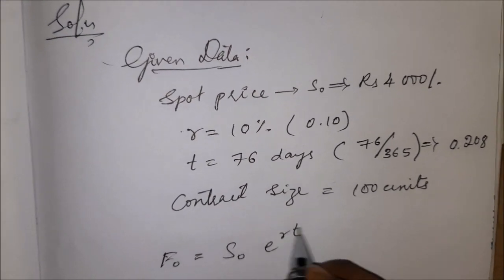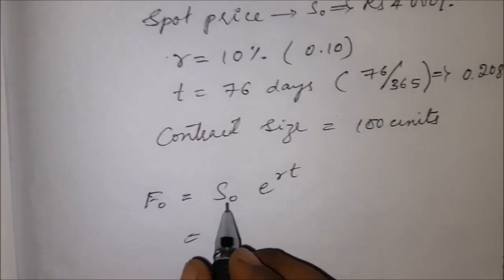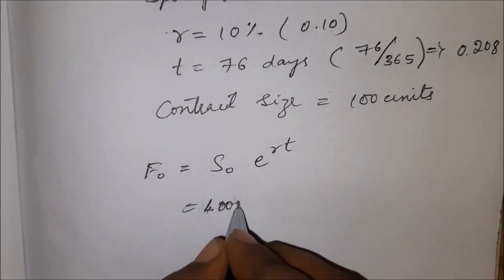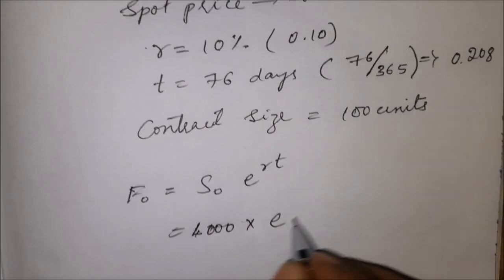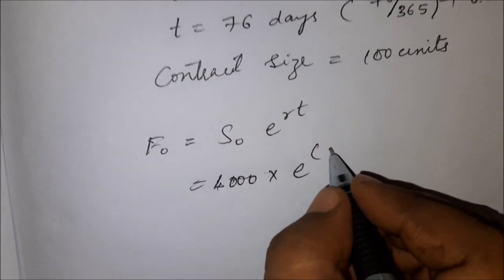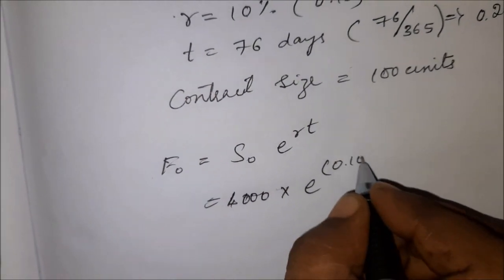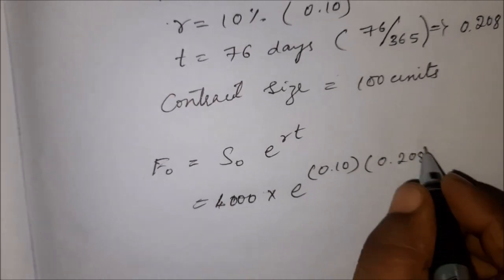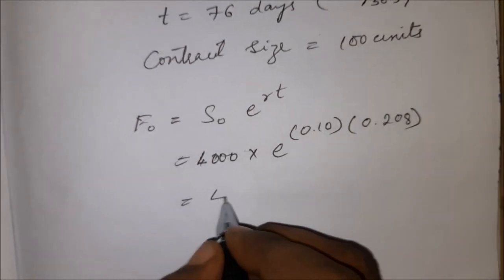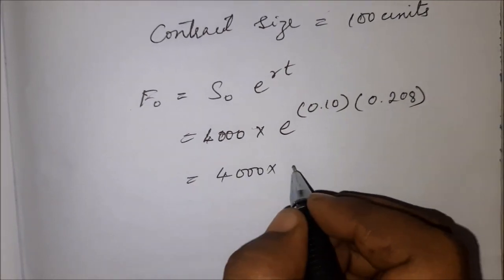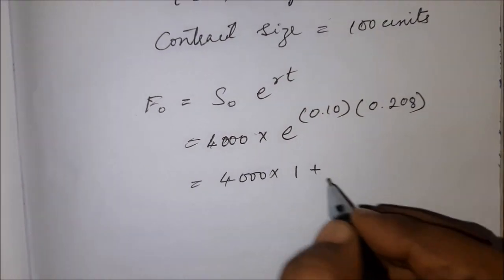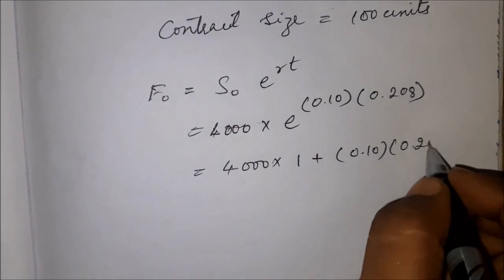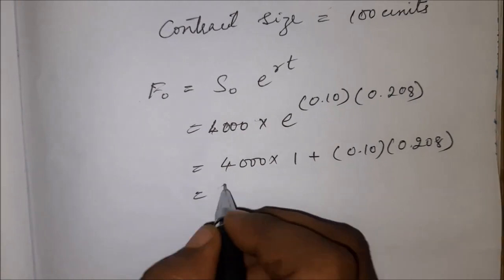That is F0 is equal to S0 e to the power RT, where spot price is given in the problem, that is 4,000. 4,000 into e to the power R, the rate of interest, whatever you have calculated, 0.10, into time, 0.0208. 4,000 into 1 plus 0.10 into 0.208.